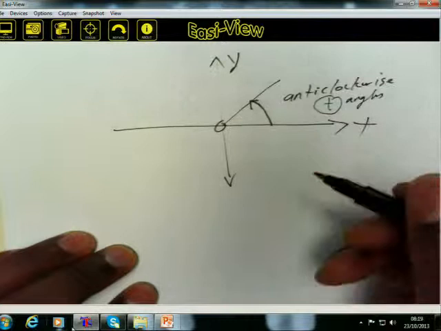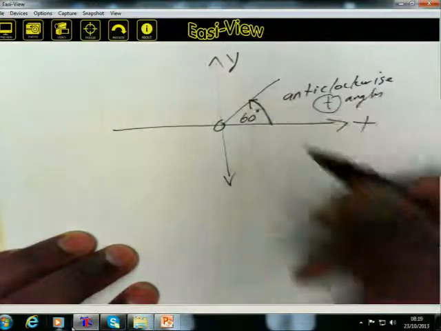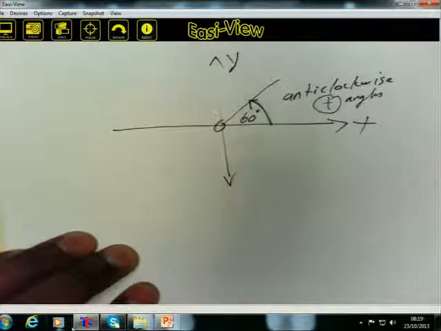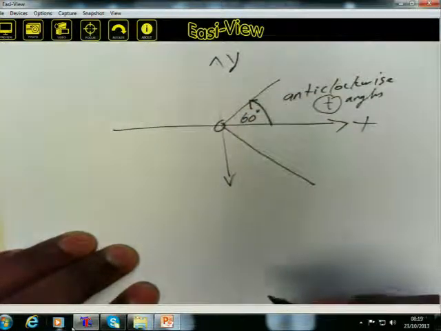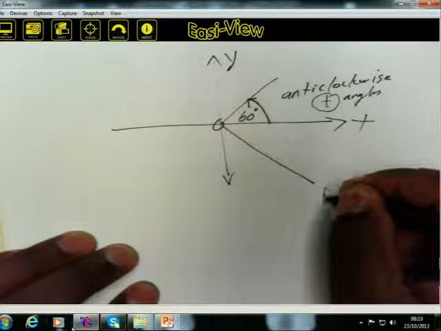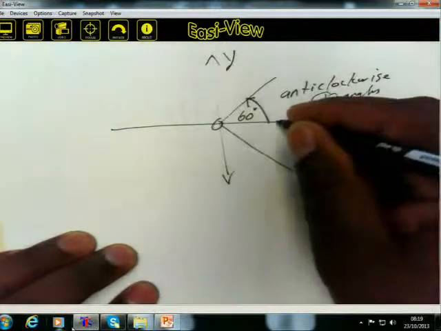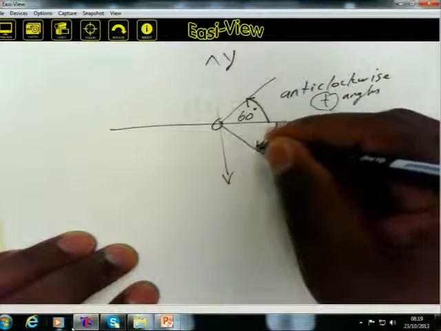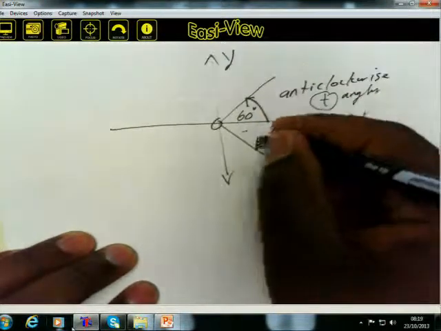Let's say this angle is 60 degrees. Positive angles are measured in an anti-clockwise direction. Imagine an angle here in the fourth quadrant. That is the terminal arm OP. Then you measure from the x-axis in a clockwise direction. Let's say the magnitude of this angle is 50 degrees.